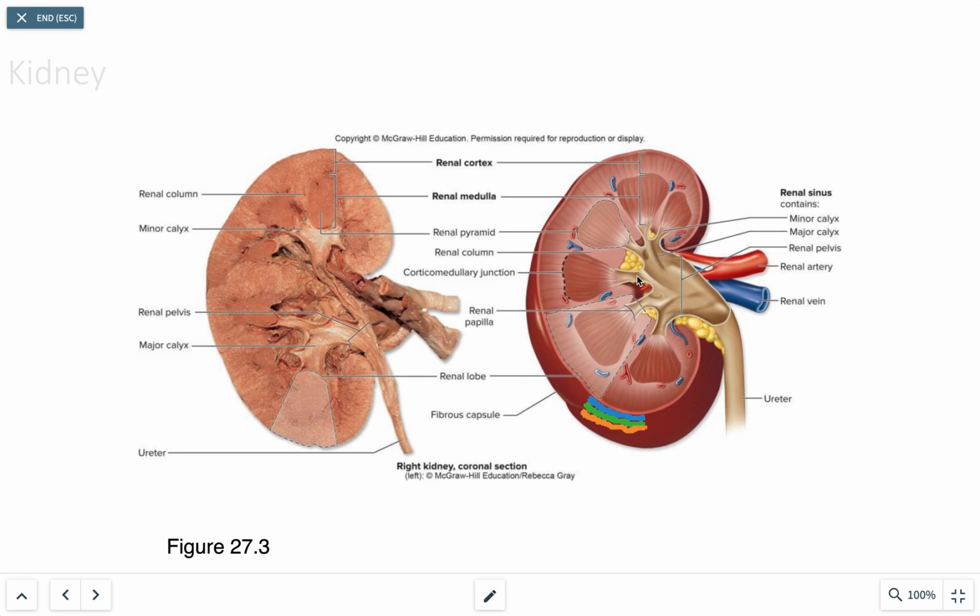So here, here, and here, they all are going to merge inside of the renal pelvis. Urine is collected in the renal pelvis and then travels out through the ureter to the urinary bladder and eventually through excretion with the urethra.